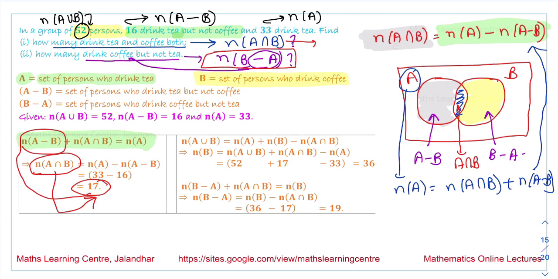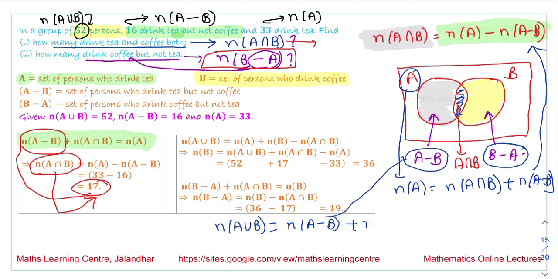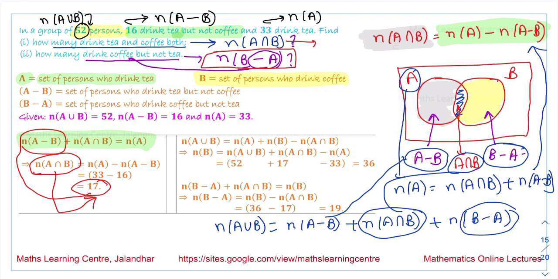Now in the second part, we have to calculate the value of number of elements in B minus A. So we are talking about this portion over here. We know that the number of elements in A union B is equal to number of elements in A minus B, this portion, plus number of elements in A intersection B, this second portion, plus number of elements in B minus A, this third portion.